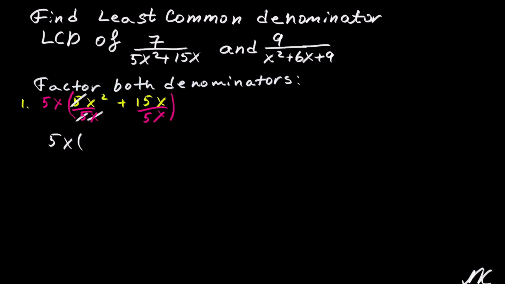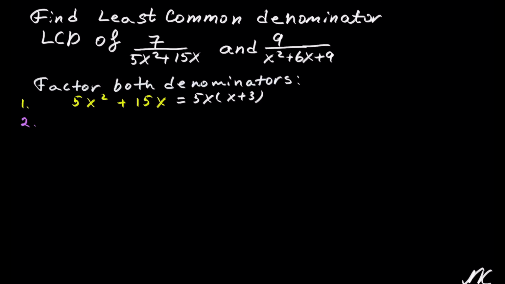X squared divided by x, we will have only one factor of x left over, plus 15 divided by 5 is 3, x divided by x cancels into 1. So first denominator factors into 5x times x plus 3.